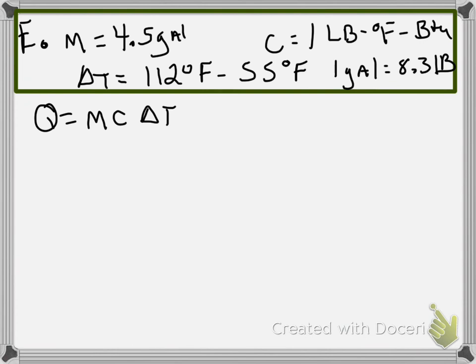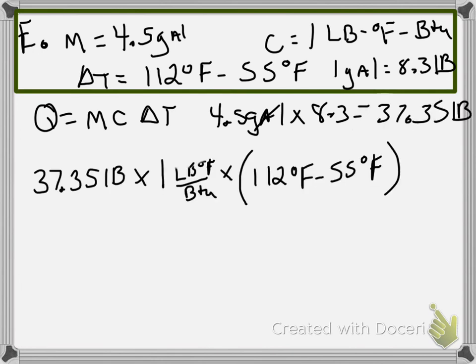Alright, so I have my mass of 4.5 gallons, and I have to change that to pounds, which is the conversion of 4.5 gallons times 8.3 pounds per gallon. Gallons and gallons cross out. I'll be left with pounds.